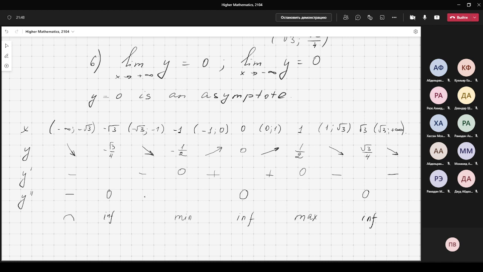From minus square root of 3 to 0 it is positive, it is a concave curve.